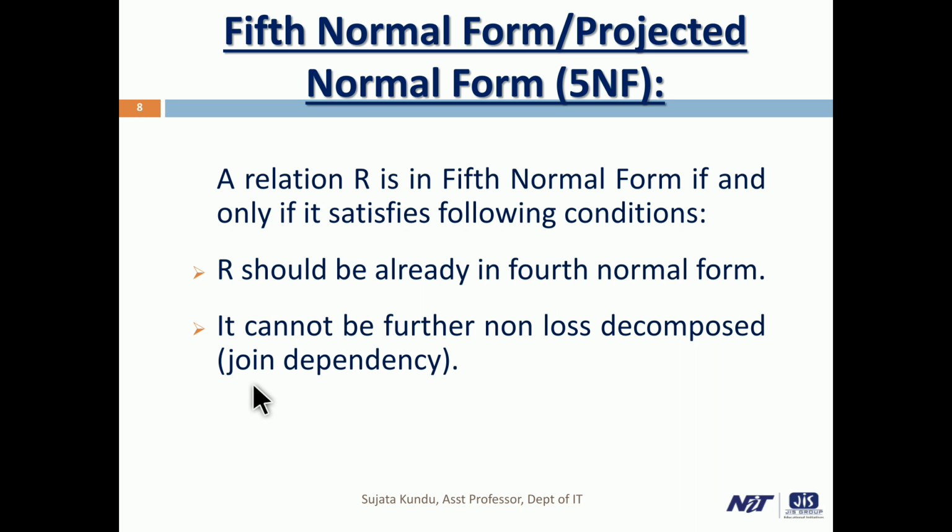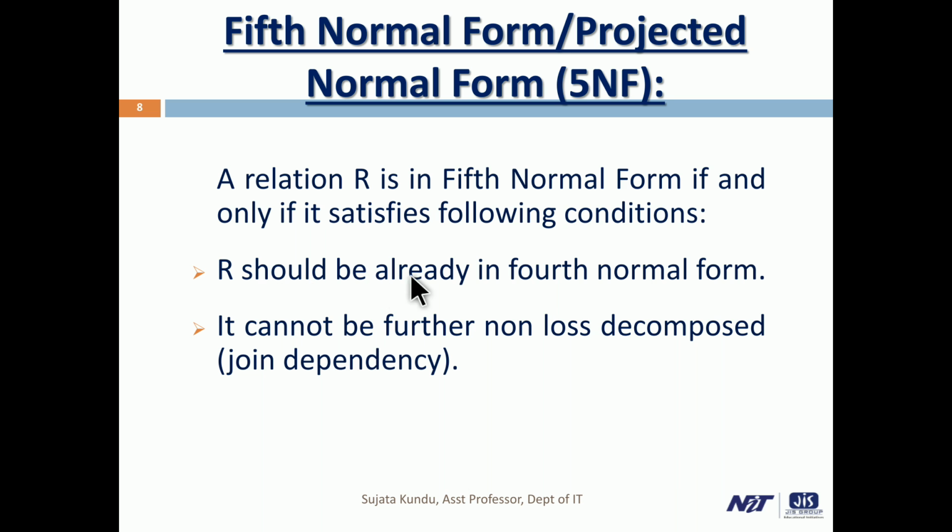A relation R is in 5NF if and only if every join dependency in R is implied by the candidate keys of R. A relation decomposed into two relations must have the lossless join property, which ensures that no spurious or extra tuples are generated when relations are reunited through a natural join. So then we can say it is in 5NF, and it will hold these two conditions.